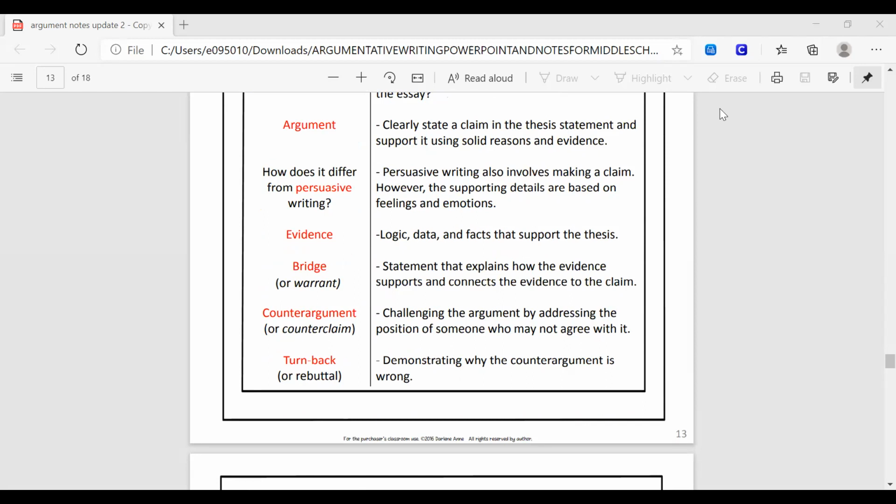Persuasive writing also involves making a claim. However, the supporting details are based on feelings and emotions. Evidence. Evidence is logic, data, and facts that support the thesis. They're supporting your thesis. They're supporting your thought on why you feel that you are correct.